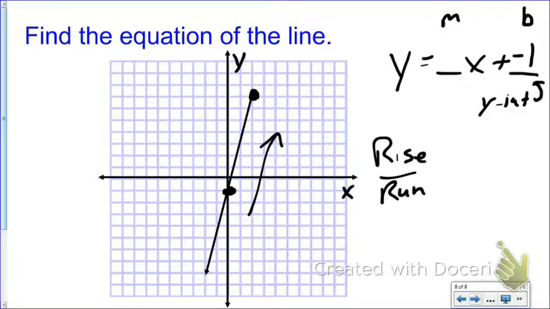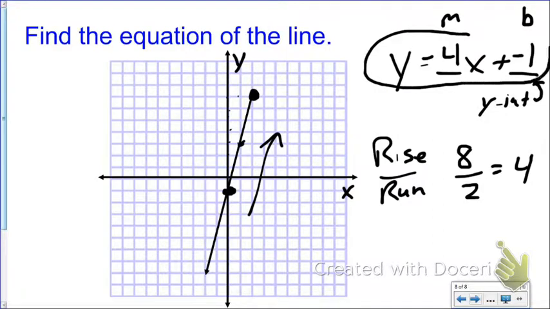And so starting on the further left point, we're going to go up 1, 2, 3, 4, 5, 6, 7, 8, up 8, and then right 1, 2, up 8, right 2. And so 8 divided by 2 simplifies to 4, and actually we could have gone up 4, right 1 if we wanted to. That would have also worked. And so I'm going to plug 4 in for the m. So here's my equation, y equals 4x plus -1.